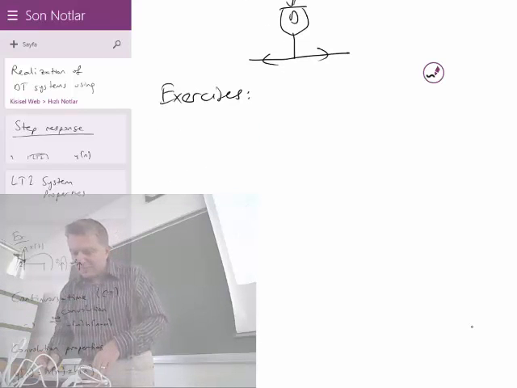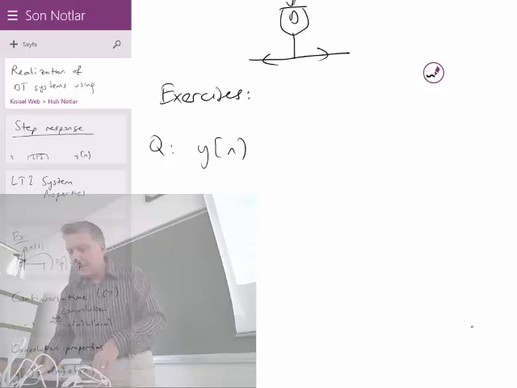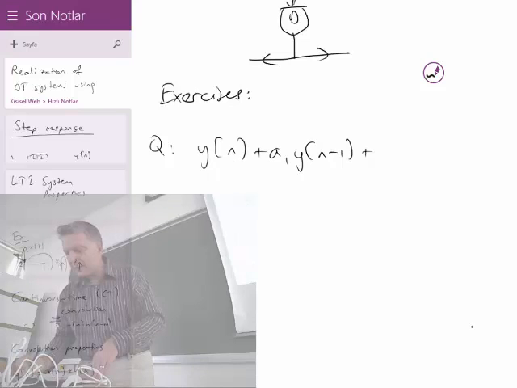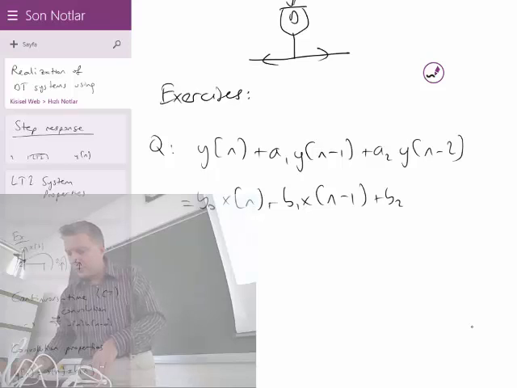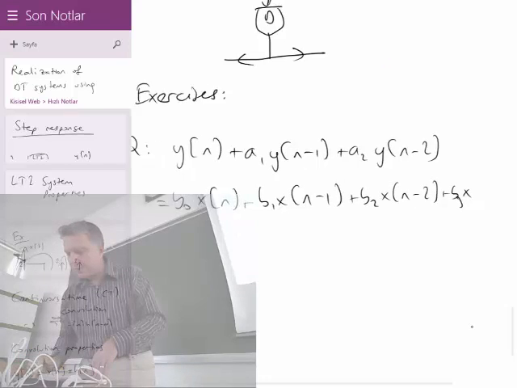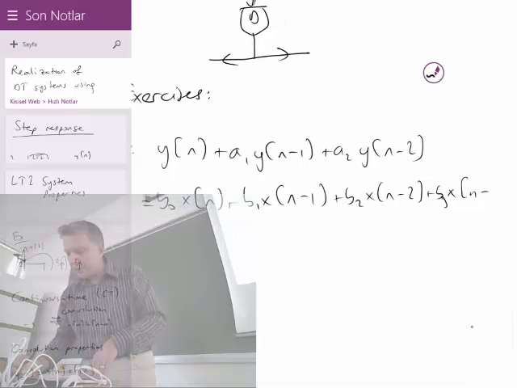Suppose that the first question is y of n plus a1 y of n minus 1 plus a2 y of n minus 2 is equal to b0 x of n plus b1 x of n minus 1 plus b2 x of n minus 2 plus b3 x of n minus 3.